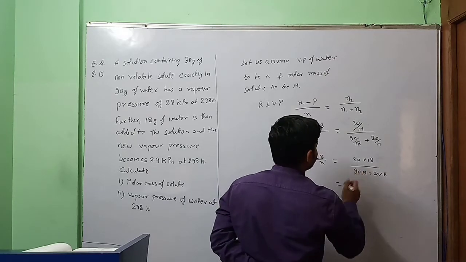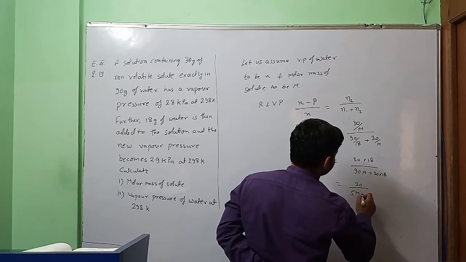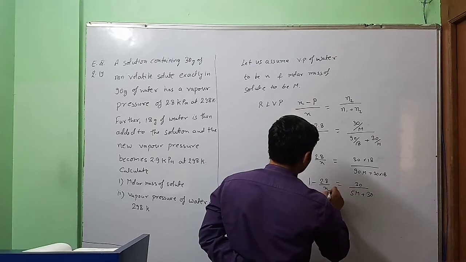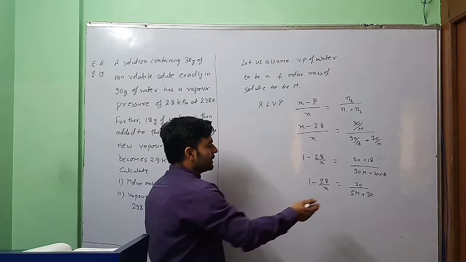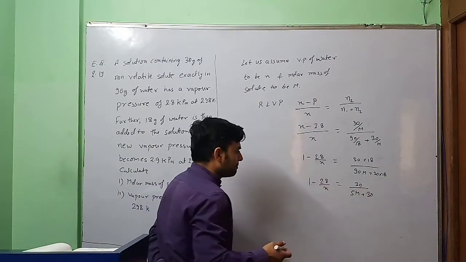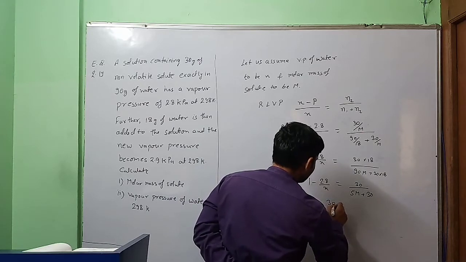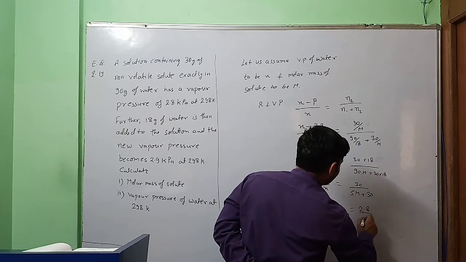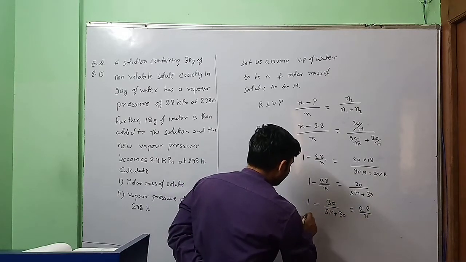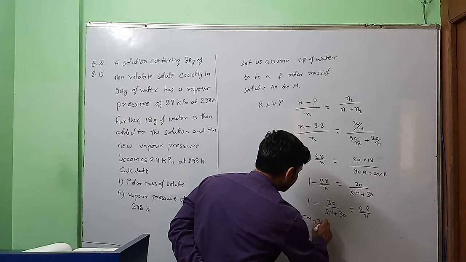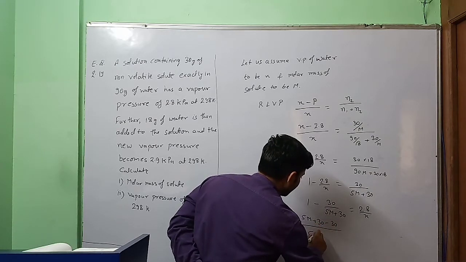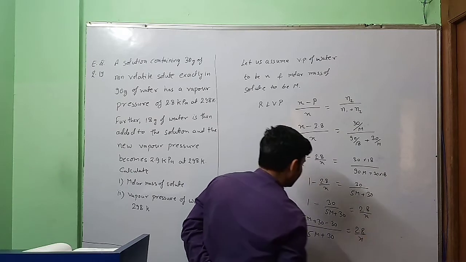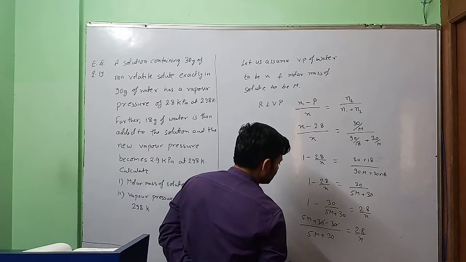Further we can take 18 as common, so 30 upon 5M plus 30 equals 1 minus 2.8 upon X. From here we will try to find the value of X in terms of M. 1 minus 30 upon 5M plus 30 equals 2.8 upon X. If we solve this part, we will get 5M plus 30 minus 30 upon 5M plus 30 equals 2.8 upon X. These 30s can be cancelled.